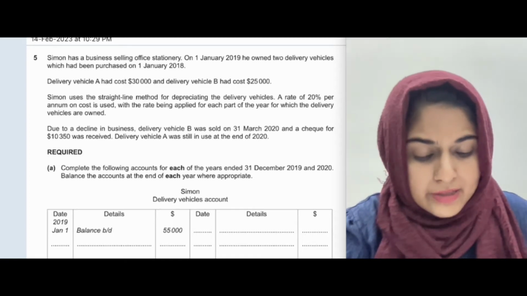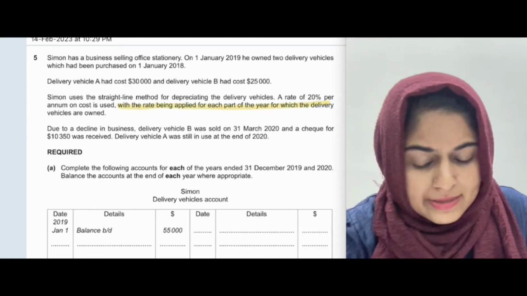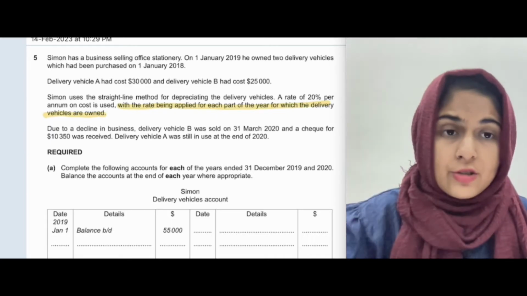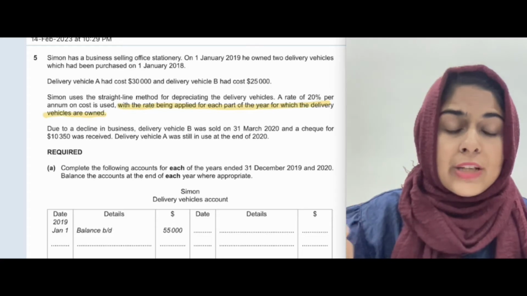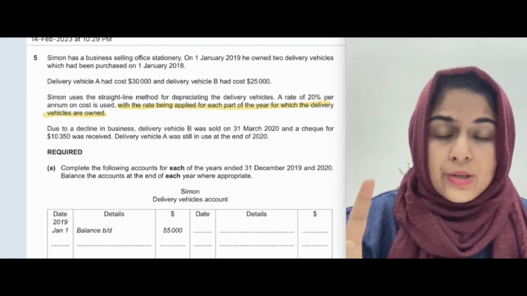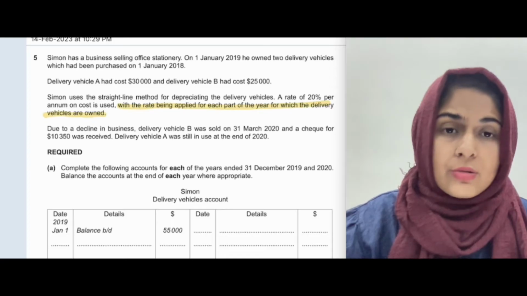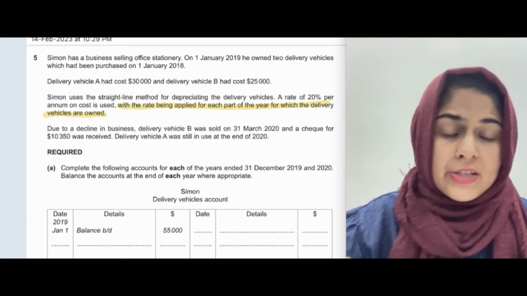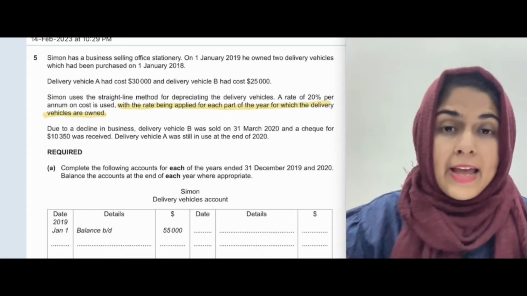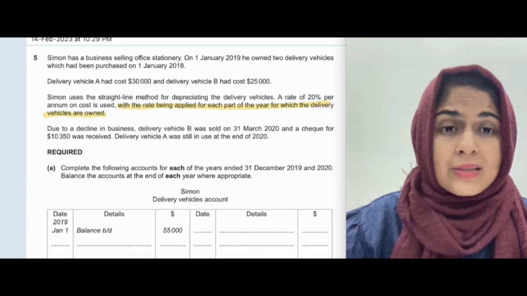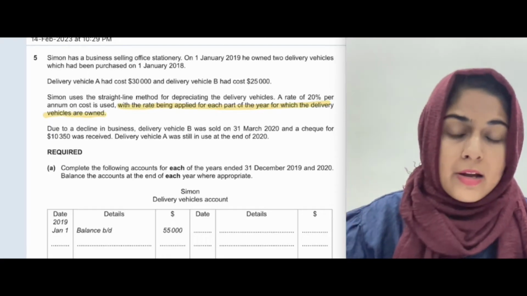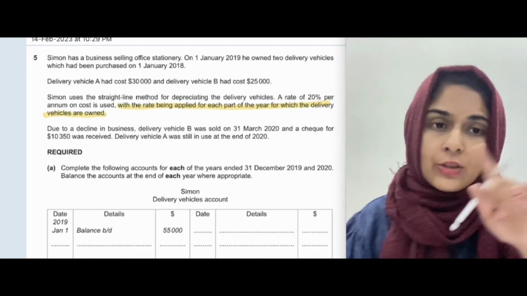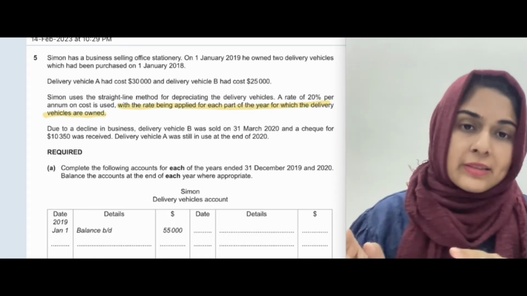This is very, very important here, because basically this is the policy of depreciation. So here you need to take into account the months of ownership. Okay, there are 2 policies, which I've discussed in the other video. One is full year's depreciation in the year of purchase, no depreciation in the year of sale, and this is the other policy in which they expect you to take care of the months of the month in which we purchased the non-current asset, of the month in which we are selling the non-current asset, because that will impact the depreciation.